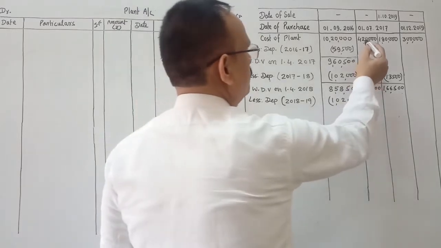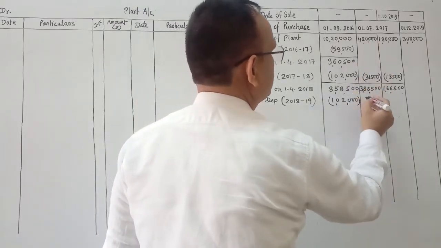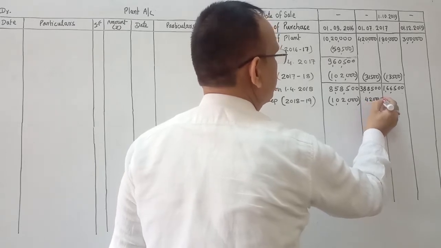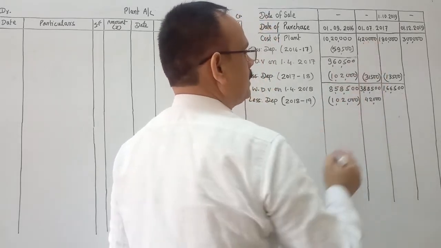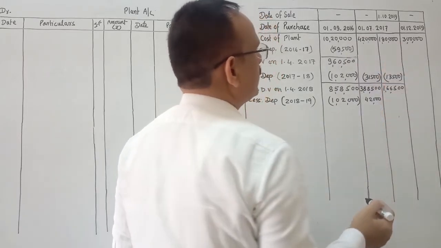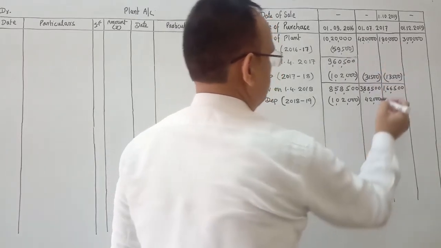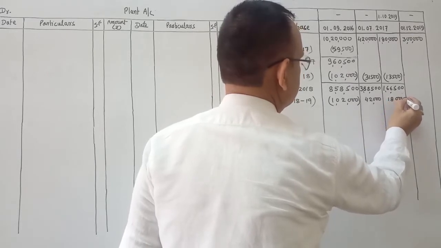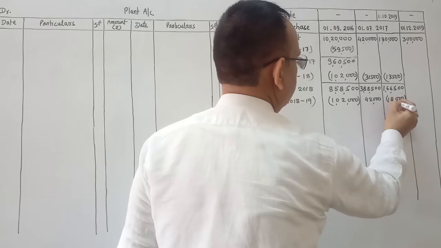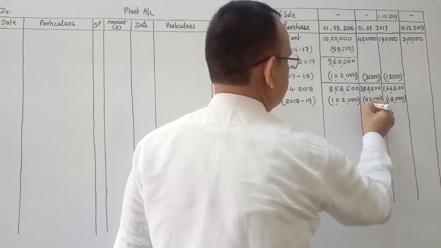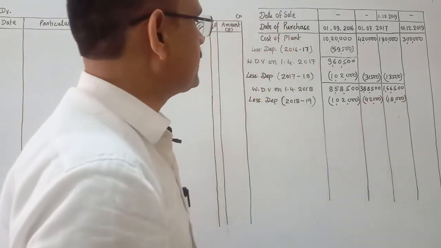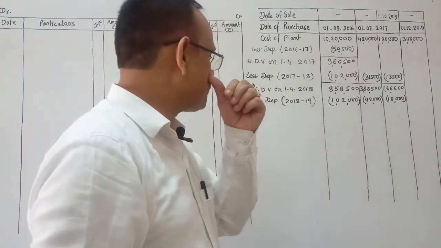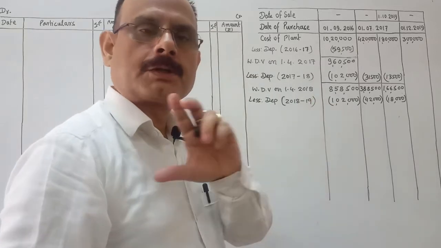And here 4,20,000 into 10%, so it is 42,000. 1,80,000 into 10%, so it is 18,000, depreciation for the whole financial year, April to March, because this machine is used in this financial year up to 31st March, for the 12 months.